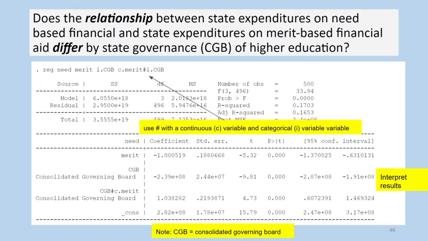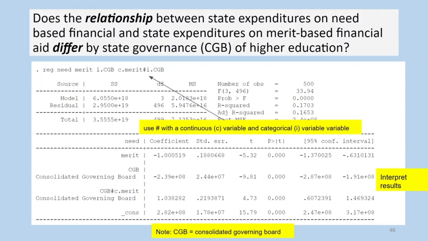There is a negative relationship between whether or not a state has a consolidated governing board and need, right? So states with a consolidated governing board, less need. There's less dollars being spent on need. That's basically what this is saying, okay?